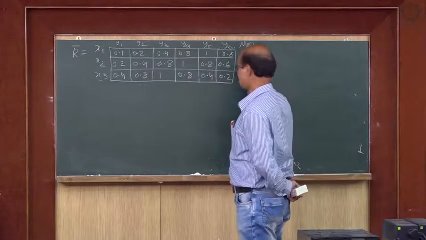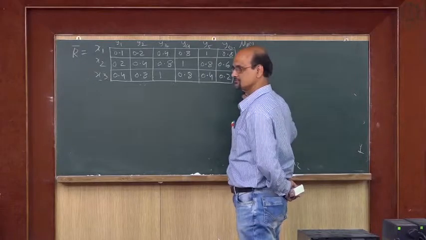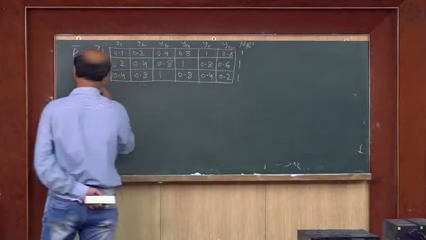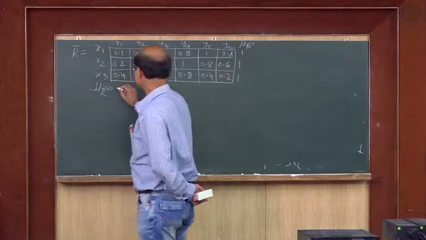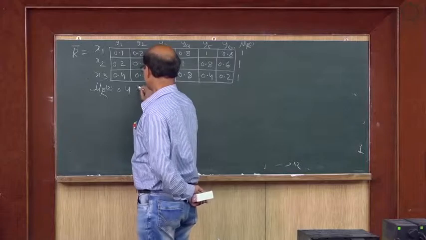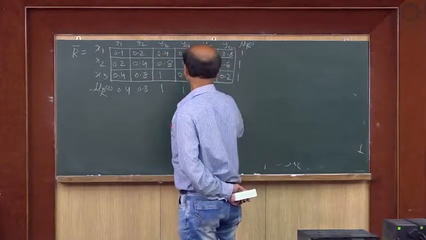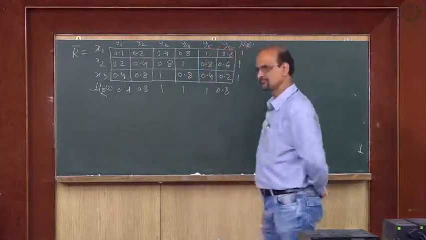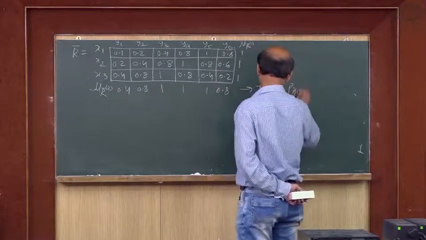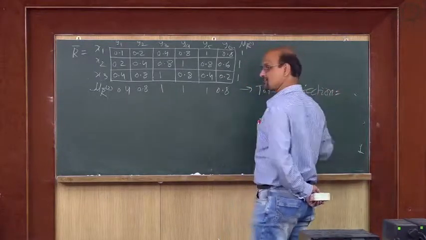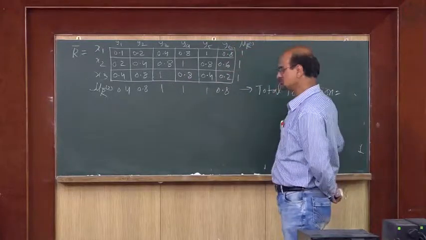Here 1. Here 1. This is your mu R1. These are the projections. Similarly, for the second, mu R bar 2, this is 0.4, 0.8, 1, 1, 0.8. First projection, second projection. So, what will be the total projection? If you remember, the total projection was the maximum over both x and y. So, what is that value? 1.